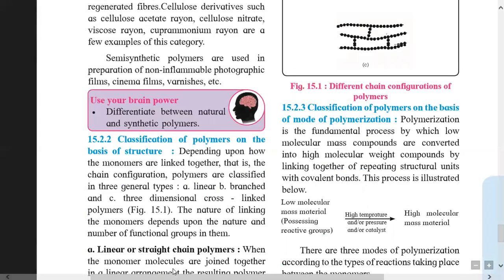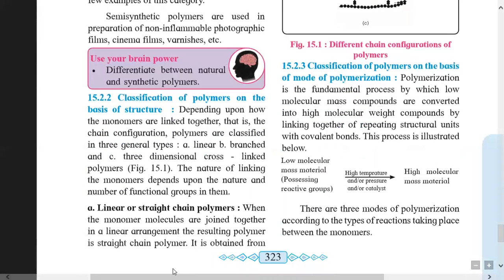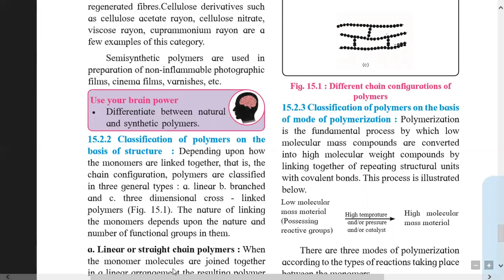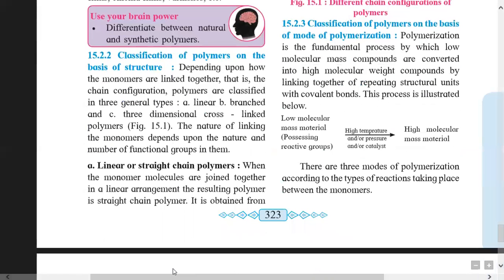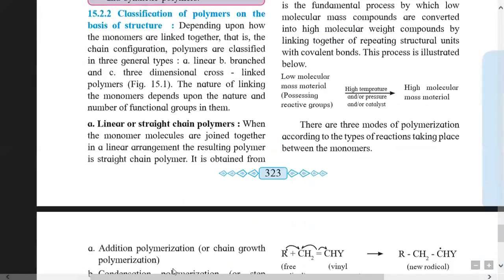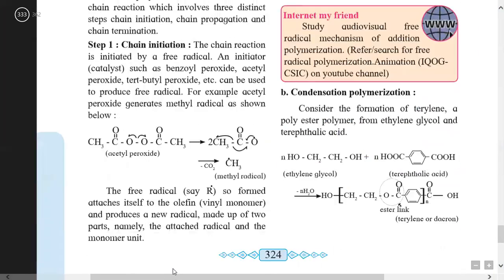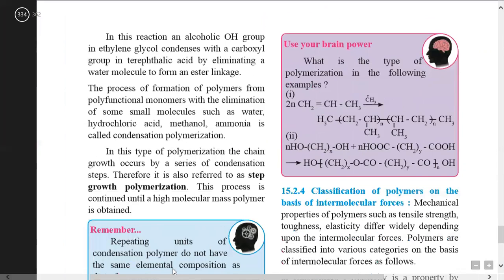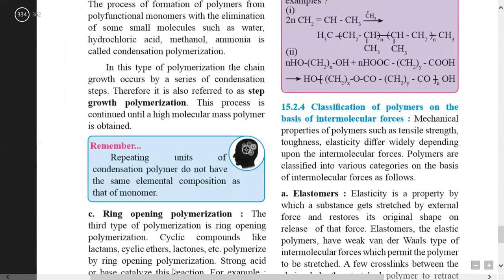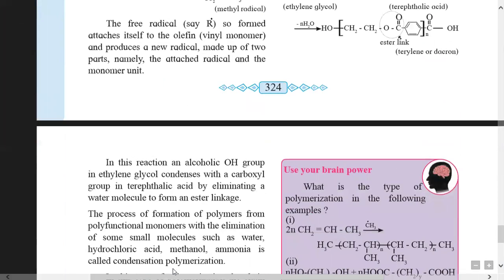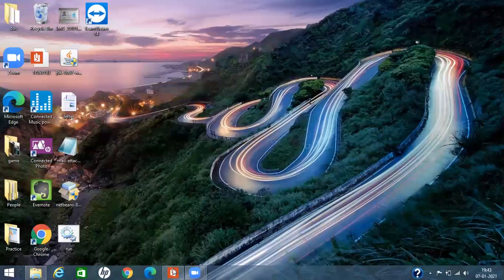On the basis of structure, we studied linear, branched and cross-linked polymers. On the basis of mode of polymerization, three types: addition, condensation, and the third type is ring opening polymerization. These three ways of classification we have studied. The other three ways of classification we will study in the next lecture. Thank you.